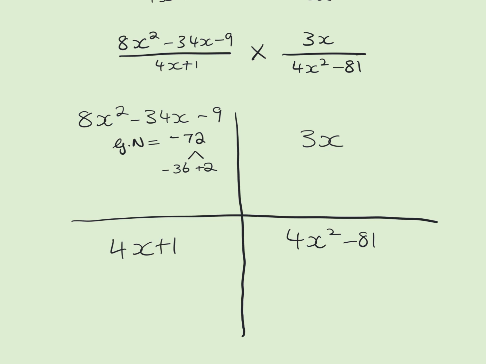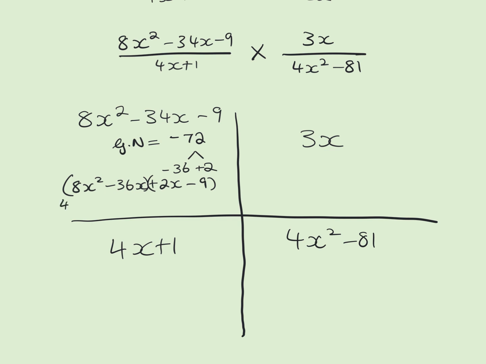So now I'm going to rewrite that. I'm going to have 8x squared minus 36x plus 2x minus 9. Put my brackets around my first two terms, brackets around my second two. I'm not going to take out the 8, I'm going to take out 4.